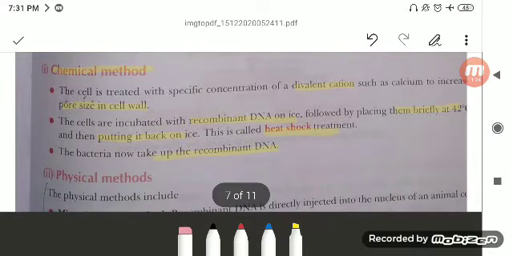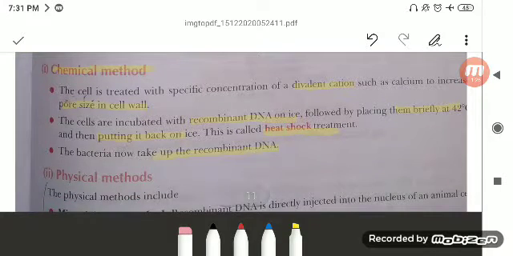So in this way, the recombinant DNA, which has the foreign DNA, enters the bacteria. First we have to create the pores, in the form of channels or gates through which the recombinant DNA can enter, and by the heat shock method those pores are resealed.